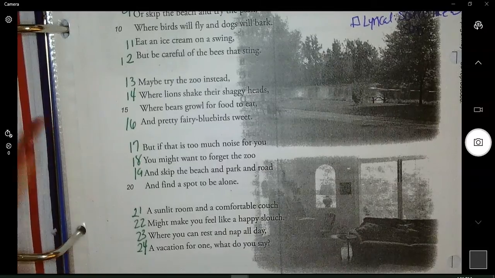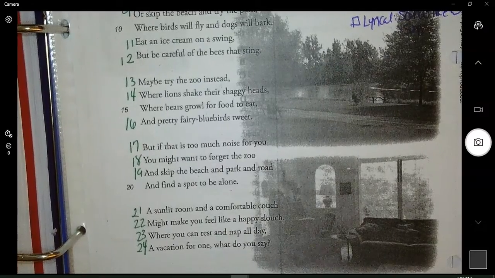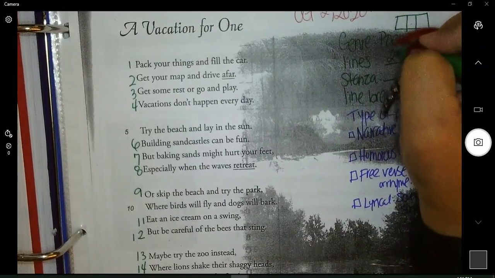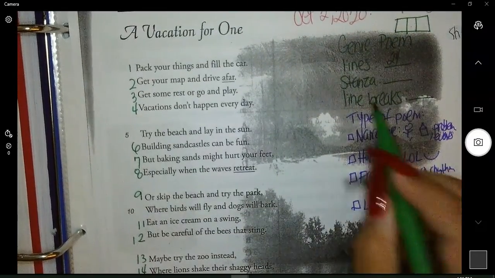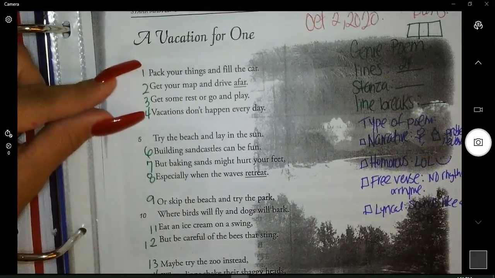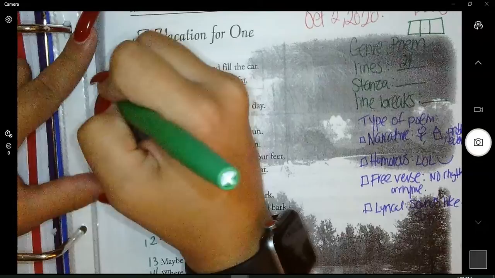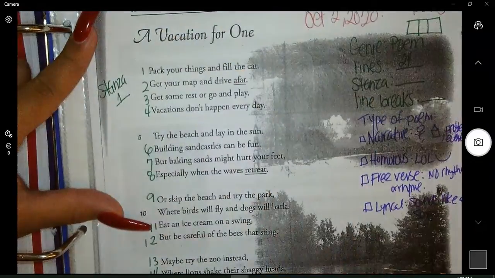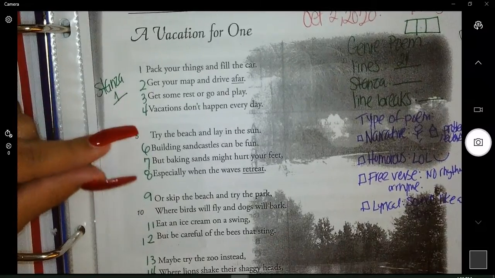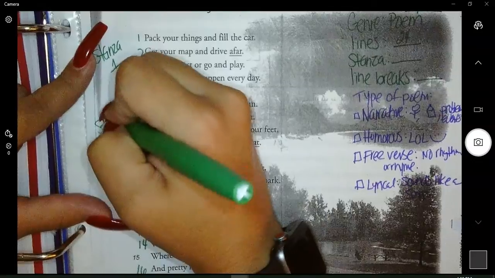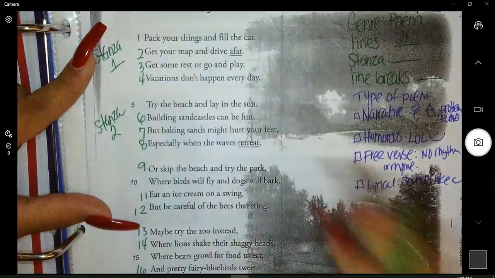All right, boys and girls, so how many lines do we have? We have 24 lines. Let's go ahead and put it here. There's 24 lines. Now, how many stanzas? Remember, stanzas are the ones that look like little paragraphs. So this is one. So let's label it. I'm going to put here stanza 1. And then I have stanza 2 from lines 5 through 8. Good. Let's label it here. How many stanzas do I have?